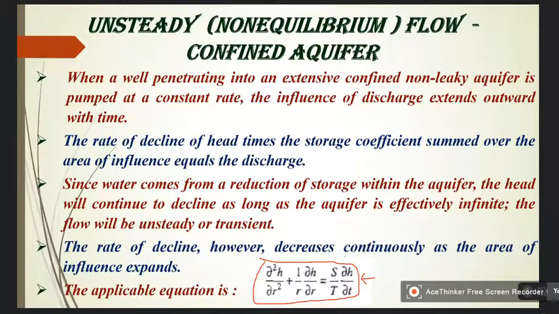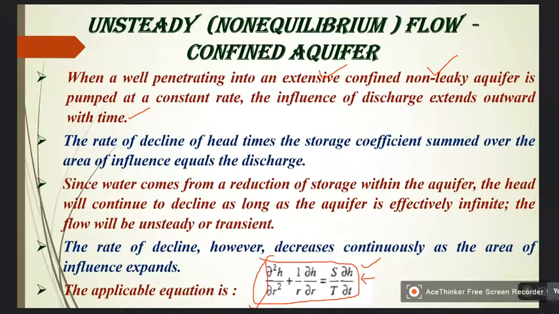So this equation we will take and we will integrate this. So when a well penetrates into an extensive confined non-leaky aquifer, extensive means fully penetrating, at a constant rate, the influence of discharge extends outwards with time.